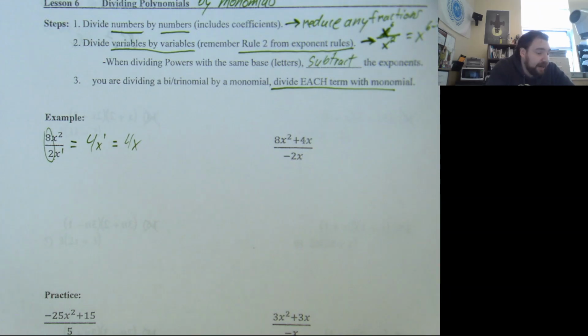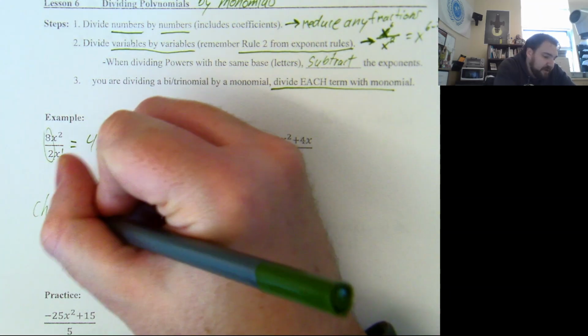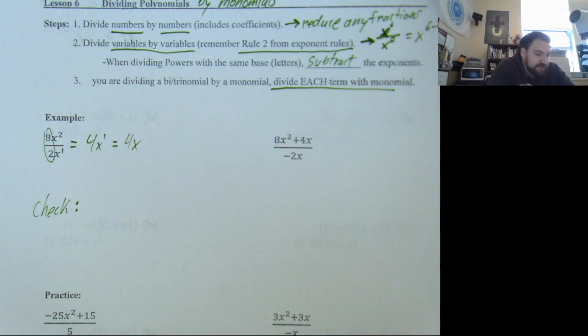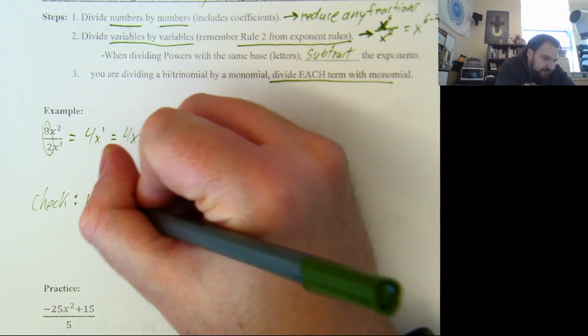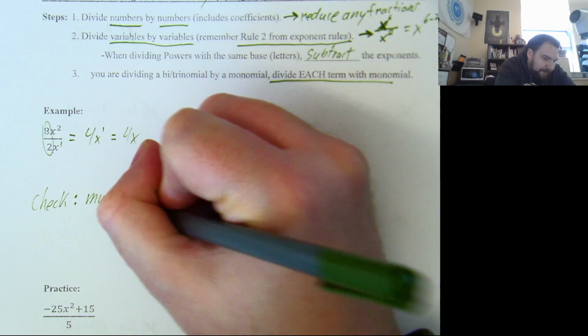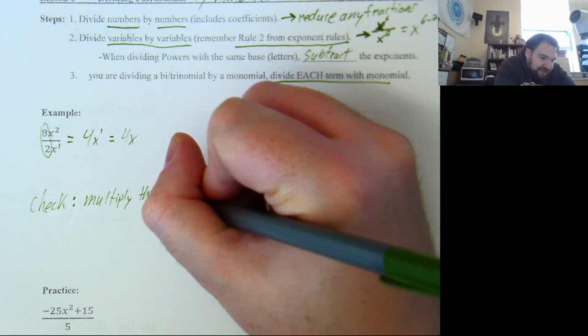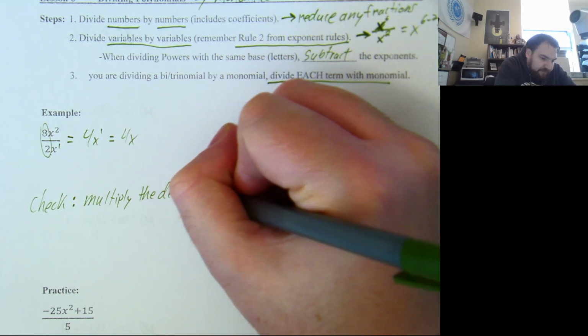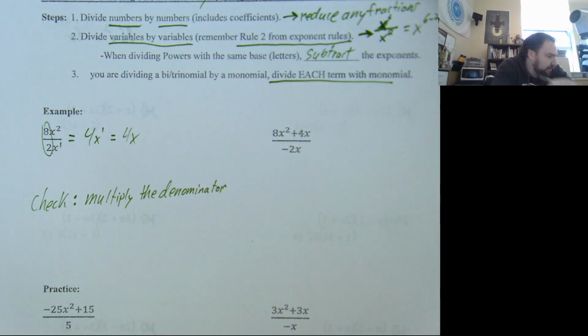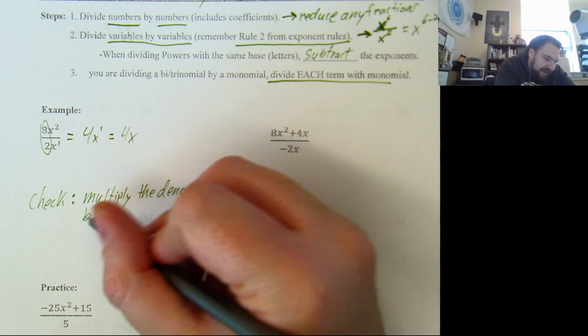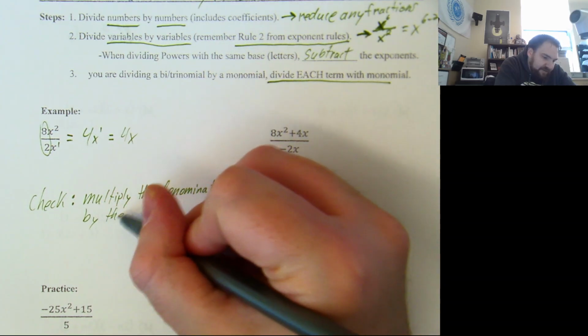There is always a way to check. If you want to go back and check your work, for those of you who like to do that, the check is to multiply the denominator by the solution.